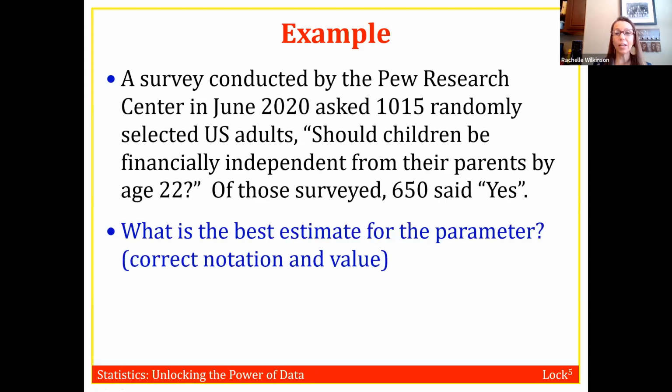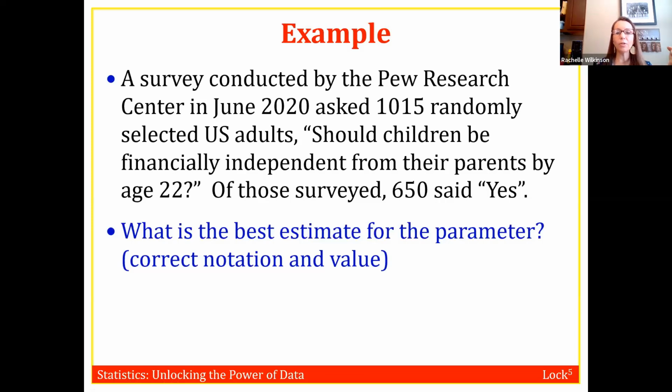The statistic, on the other hand, we do have a numerical value for, because we've taken our sample and we can compute the statistic from our sample data. So when we think about our sample statistic, remember that's code word for best estimate for the parameter, then I can give my notation for the statistic and I can give a value for the statistic.